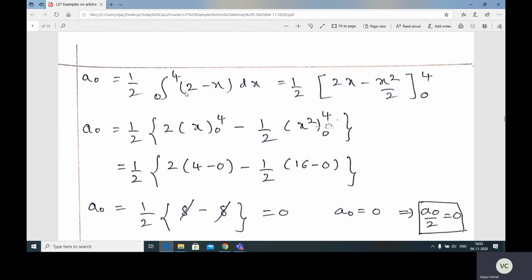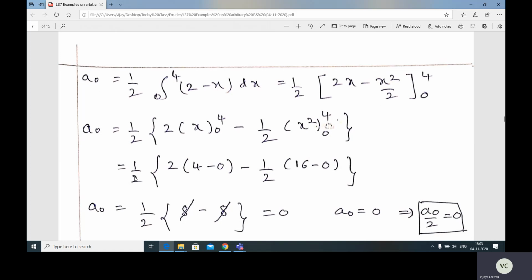That is 1/2 [the integration of the constant is 2x, minus the integration of x, which is x²/2], limits from 0 to 4.